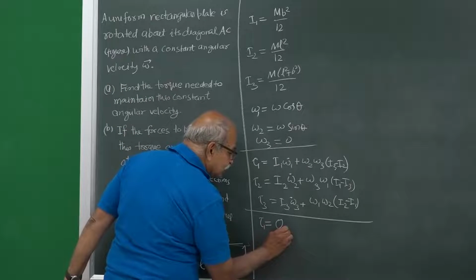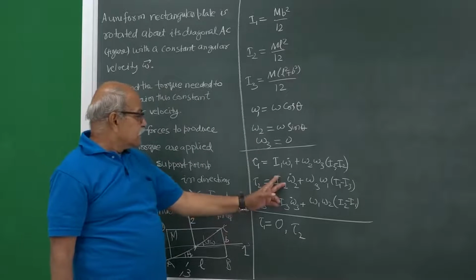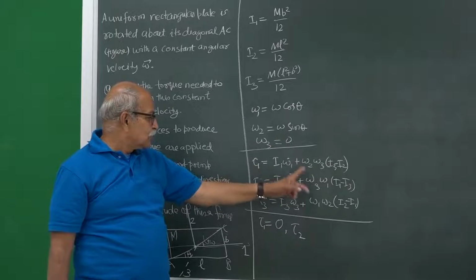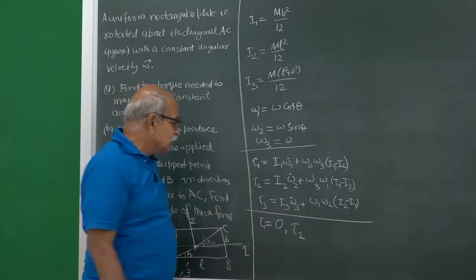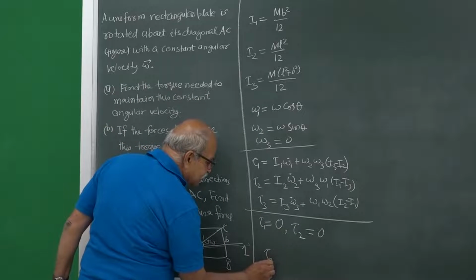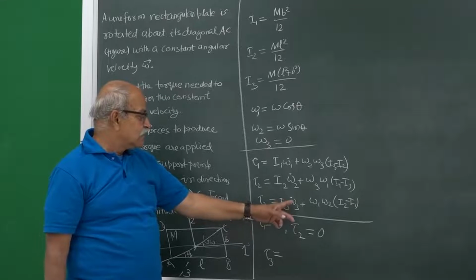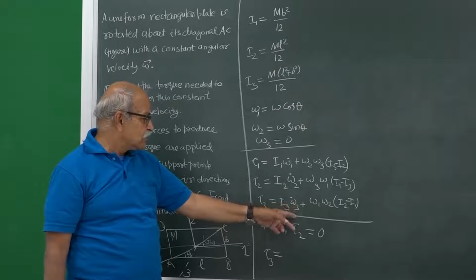Tau 2 is anyway 0 and omega 3 is 0, and therefore tau 2 is also 0, and we are only left with tau 3. This term is 0, omega 3 is constant, omega 3 dot is 0.